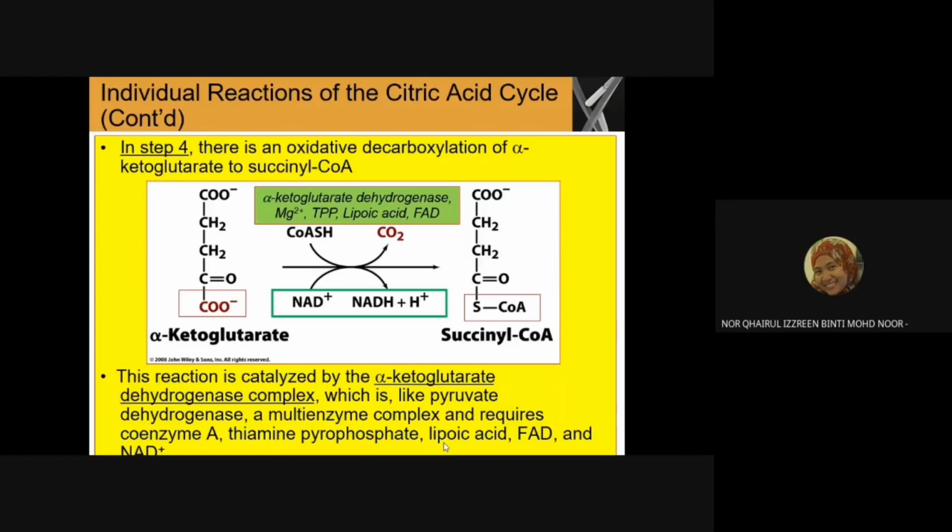So the reaction here produces succinyl-CoA. This is how coenzyme A accepts the molecule, and how NAD+ accepts the electrons and is reduced to NADH plus H+. The explanation is similar to the pyruvate reaction.